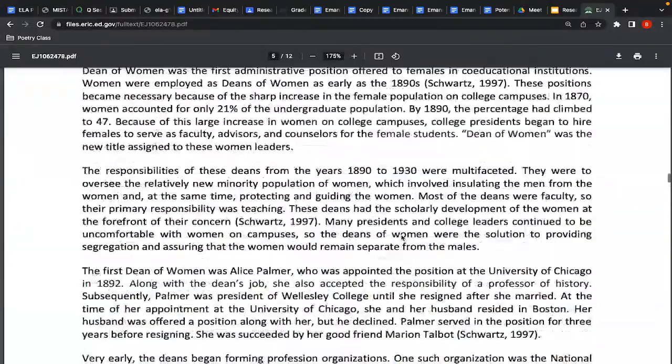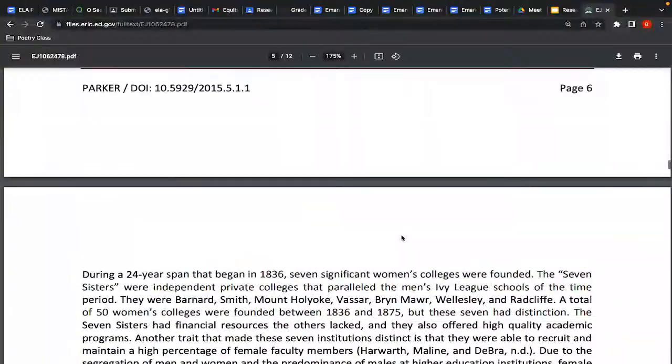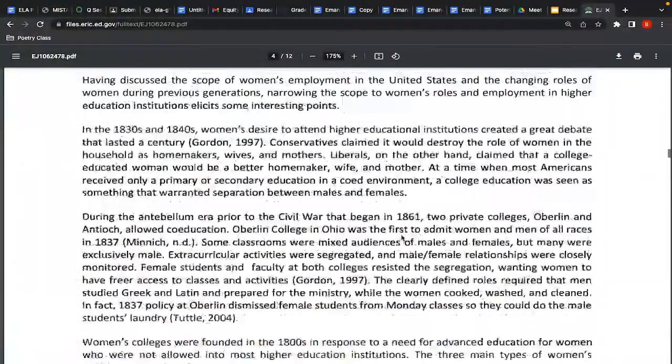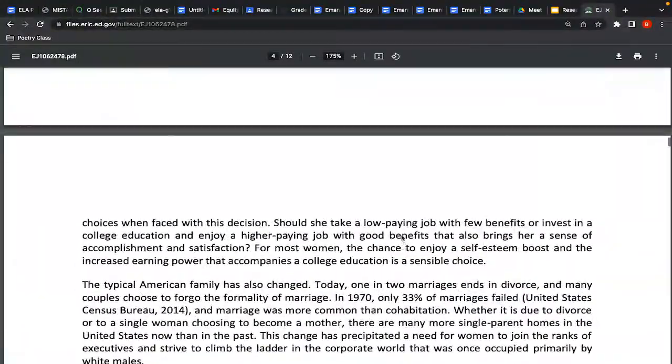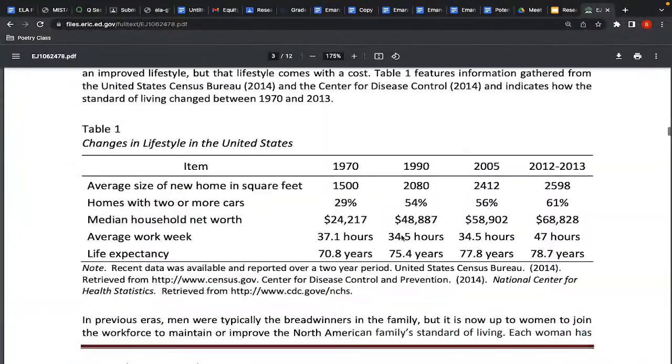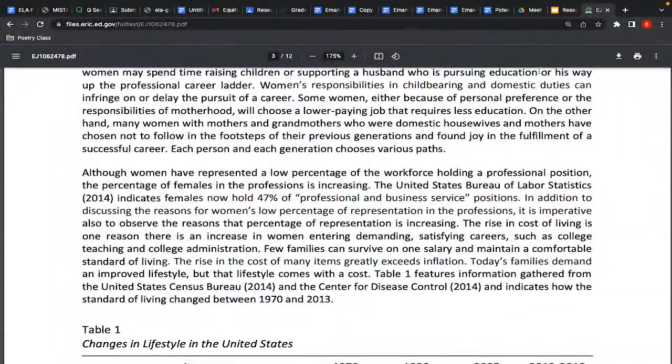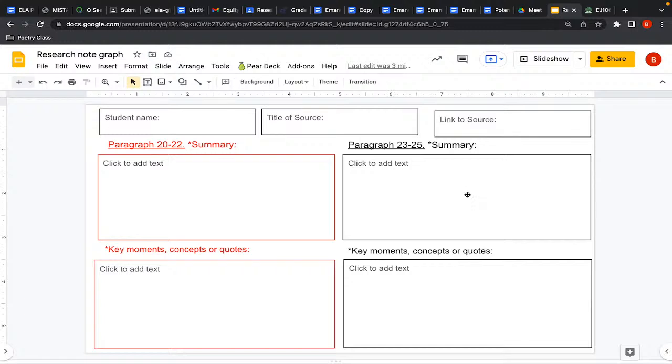So do not be intimidated by the fact that it's a lot of text like this. A lot of the stuff I read to that point was really good too. So if it keeps going that way, this could be great for me. Do not be intimidated if it's a lot. The more research you're able to get out of it, the closer you are to being done with your research. I'm gonna clean this up too.